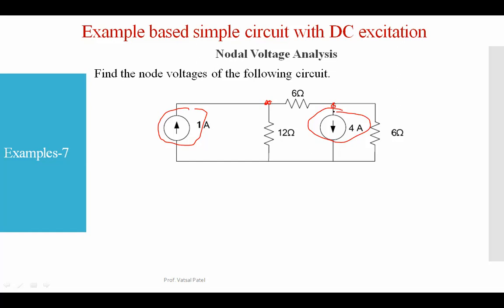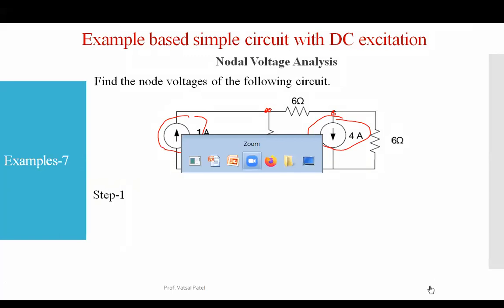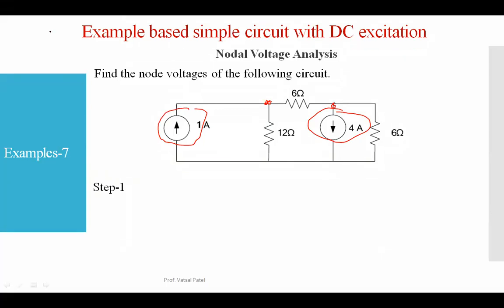So there are two current sources given here in this diagram. So what is the first step? What is the first step?